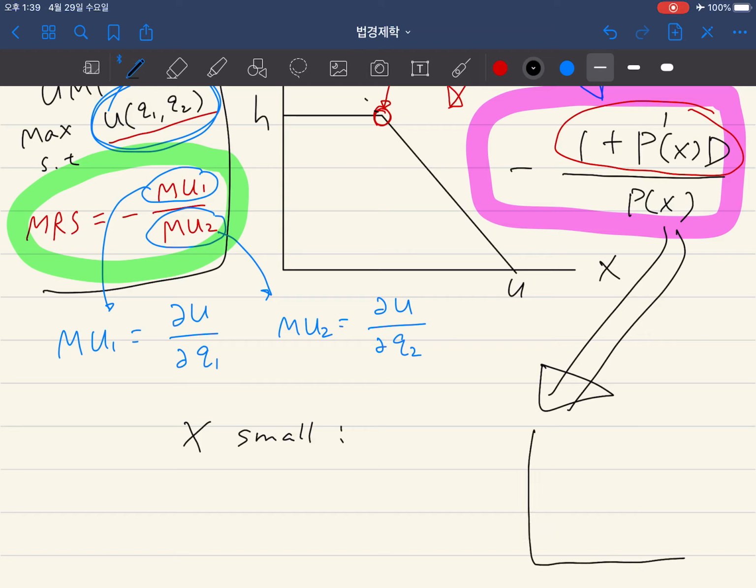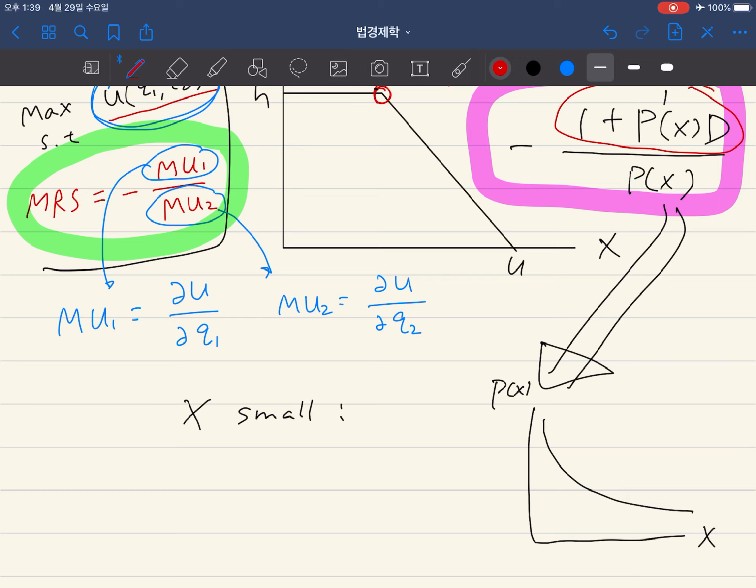Remember from the extant probability function, we know that it has this kind of shape. If x is very small, so x is here, we can see that slope is very steep.